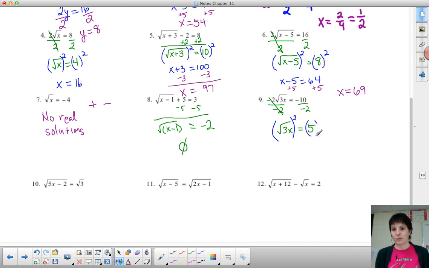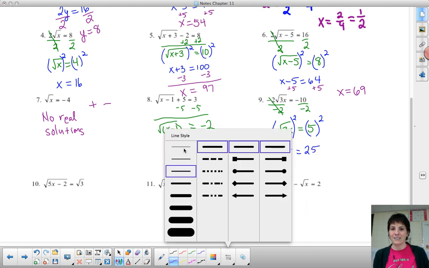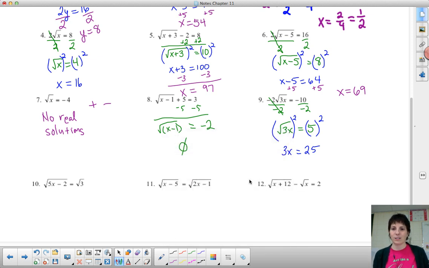So we end up with the base is equal to the number squared. And now we go into our solving work, divide both sides by 3, and you just simply end up with a fraction. Divide by 3. X is equal to 25 thirds.